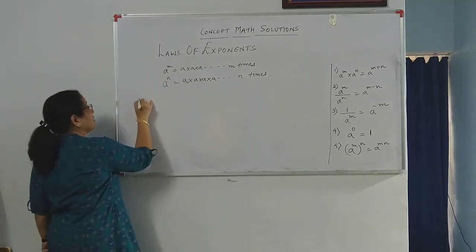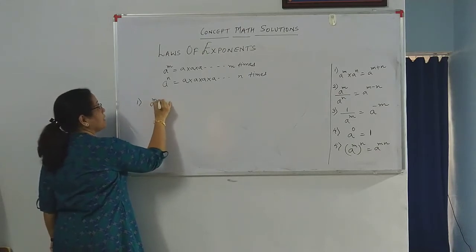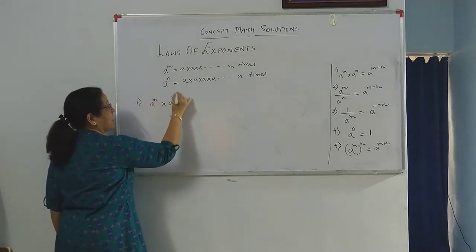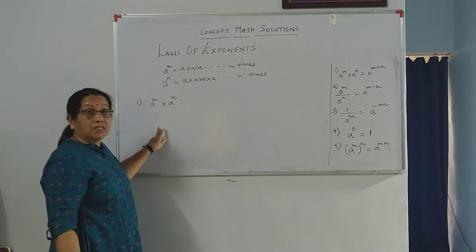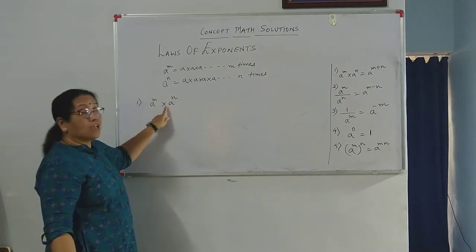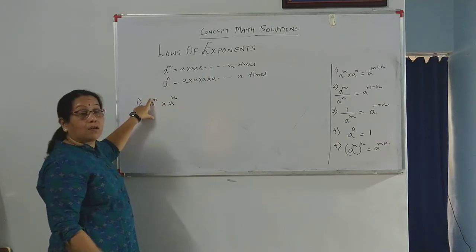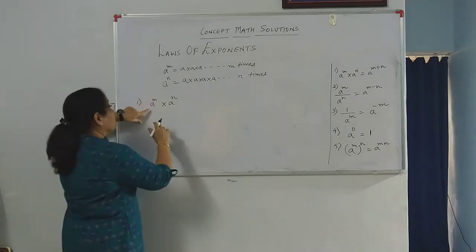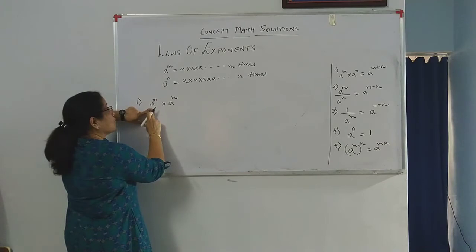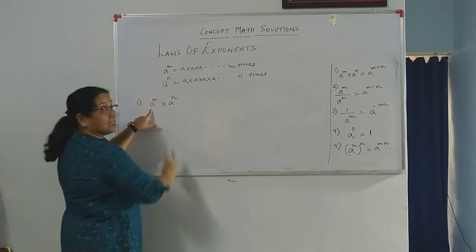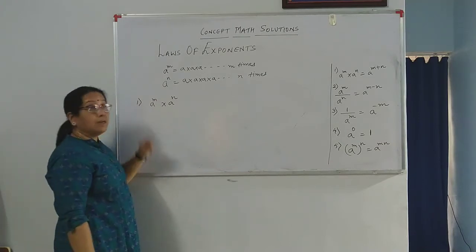So if I take the first, a to the power m into a to the power n, we call this product of equal bases. This is base, this is power or exponent. So a is the base.